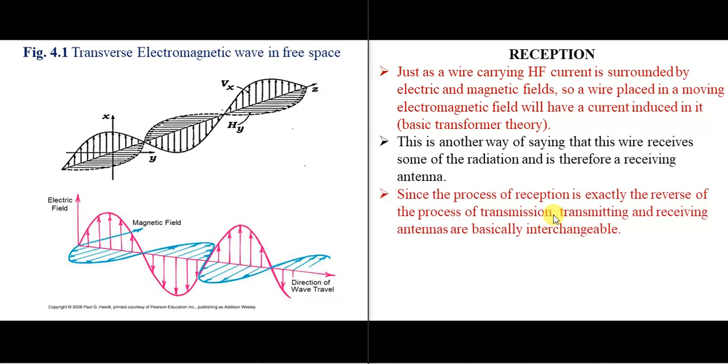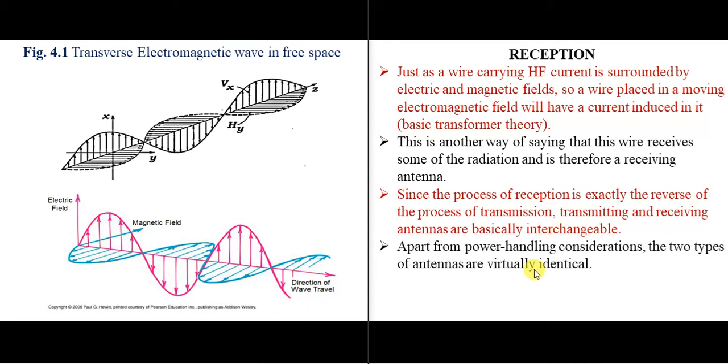Since the process of reception is exactly the reverse of the transmission process, the transmitting and the receiving antennas can be interchangeable. We can use the transmitting antenna for reception, and the receiving antenna for transmission. Apart from power handling considerations, the two types of antennas are virtually identical.